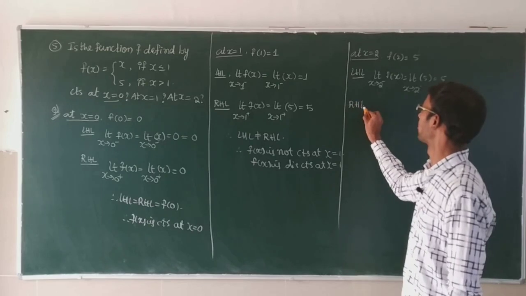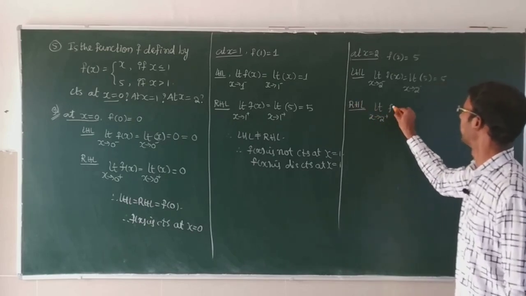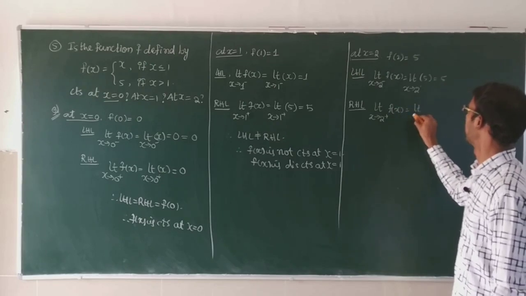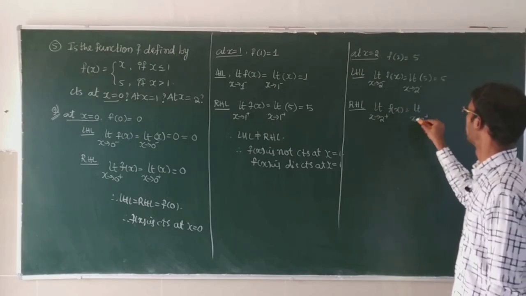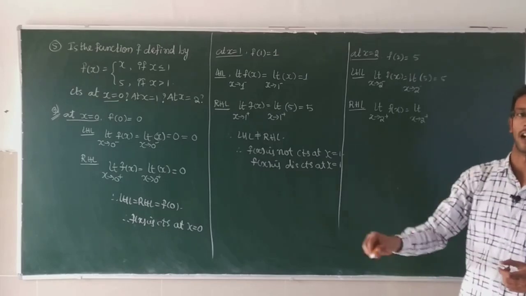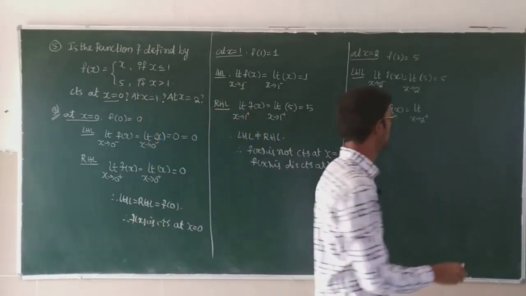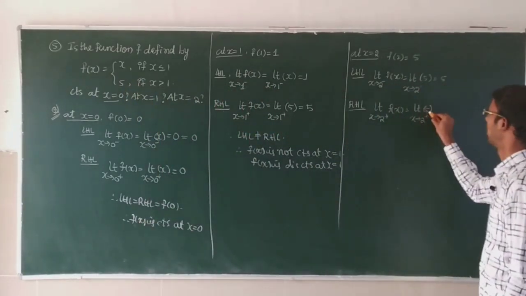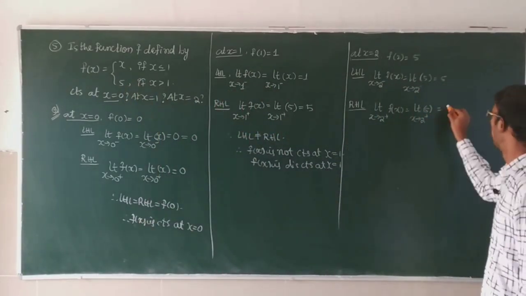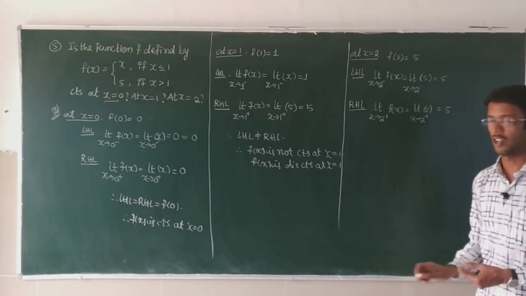RHL, limit x tends to 2 plus f of x, 2 plus means 2.0001. It is greater than 1, so the function value is 5. So the answer will become 5. Why? Because the limit of a constant function is constant.